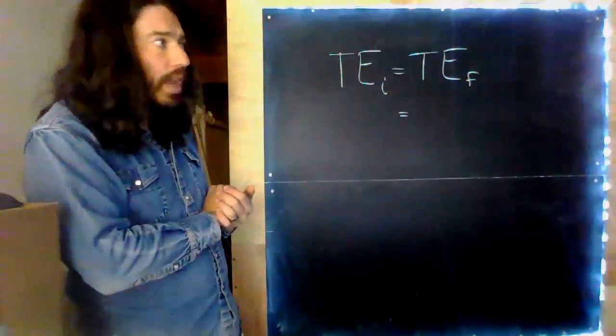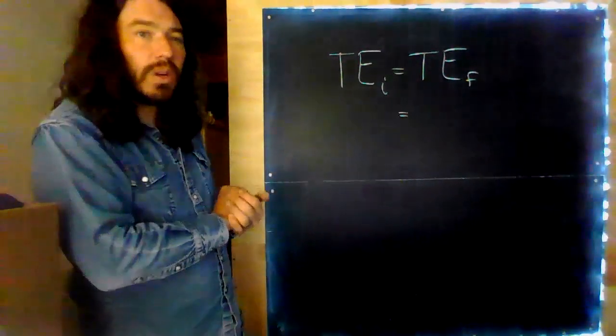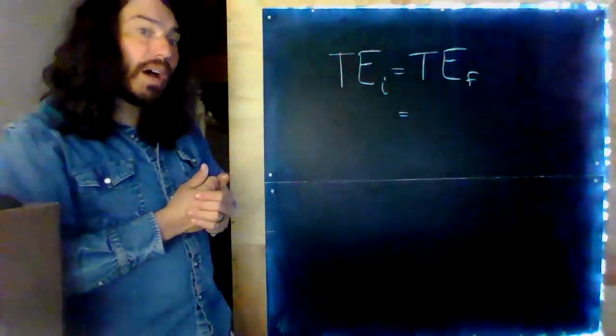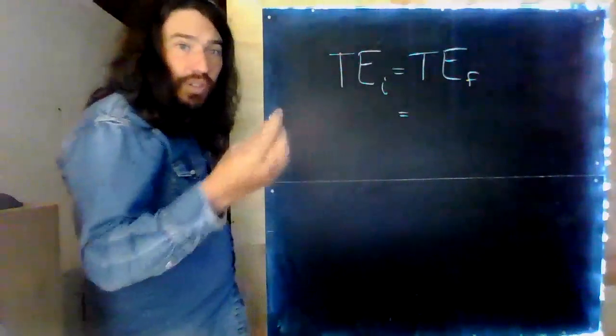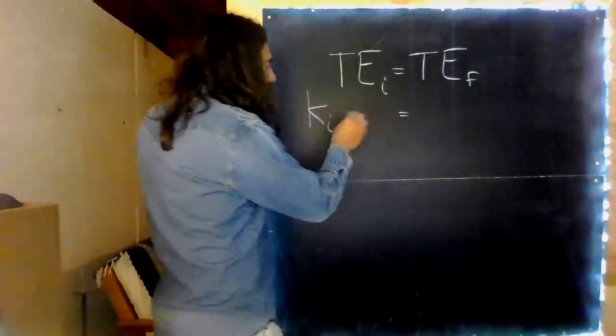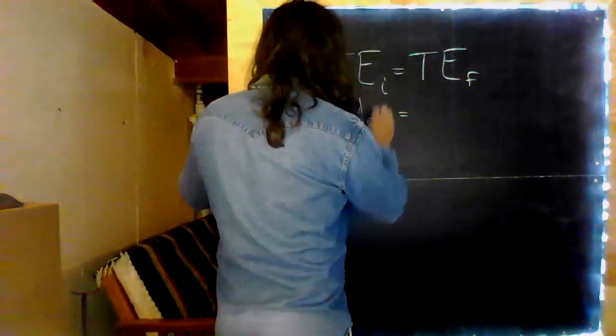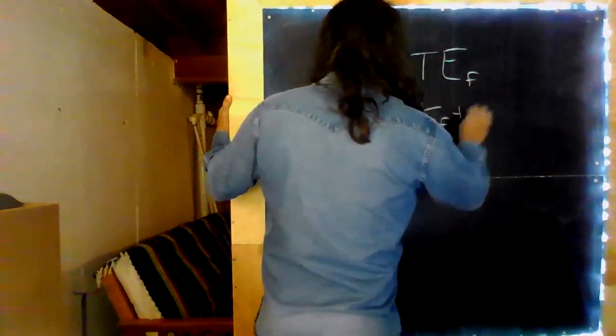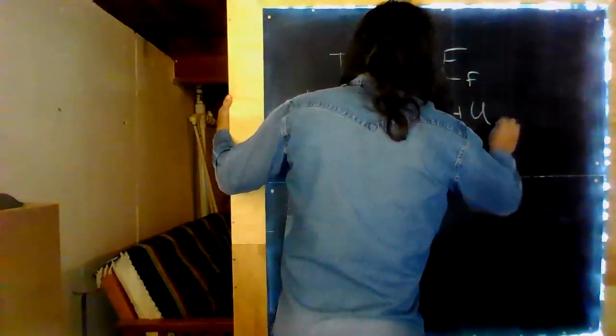Now, what we're going to do is constrain ourselves this semester to kinetic and electrical potential. So we could say K initial plus U electric initial must equal K final plus U electric final.